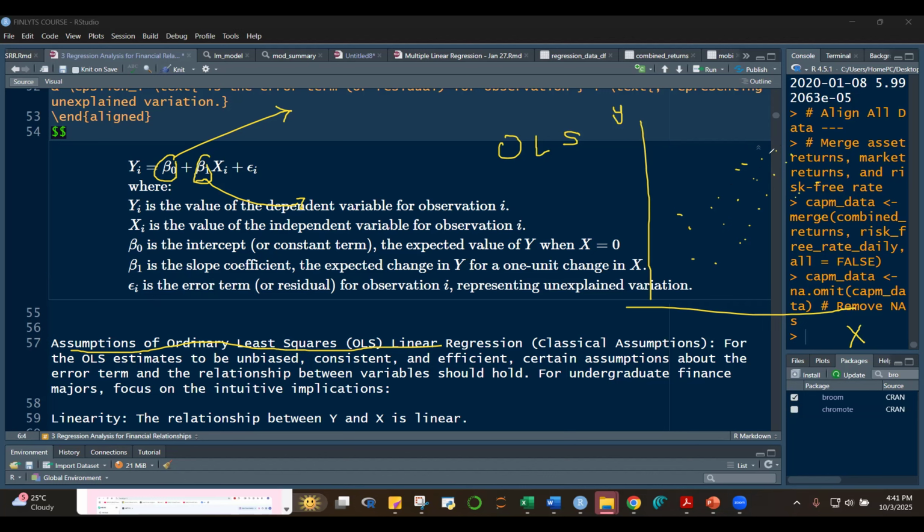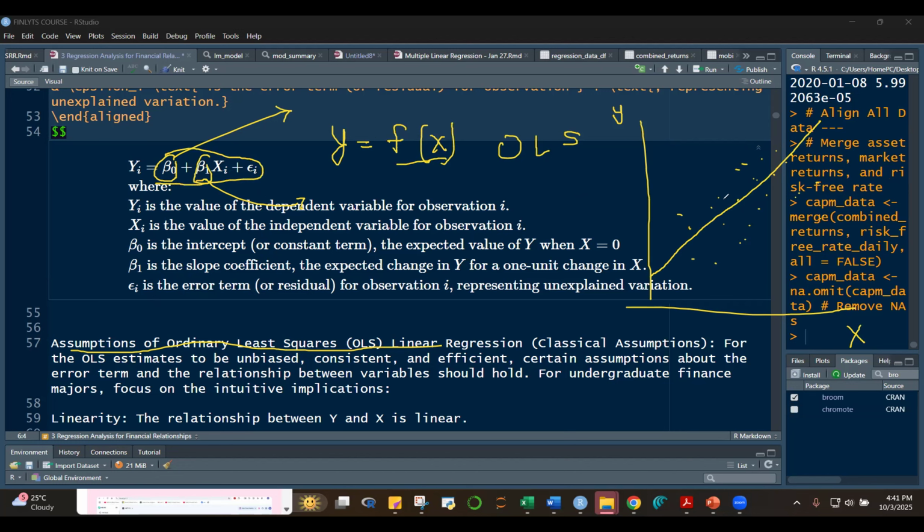Okay, the objective is for us to determine the line that best fits your data. Because this line is your y as a function of your x, y is equal to f of x. Okay, as shown here, class. This is your f of x.